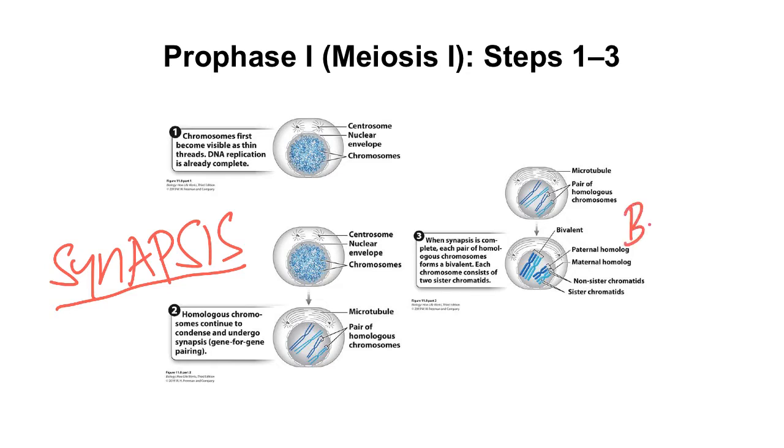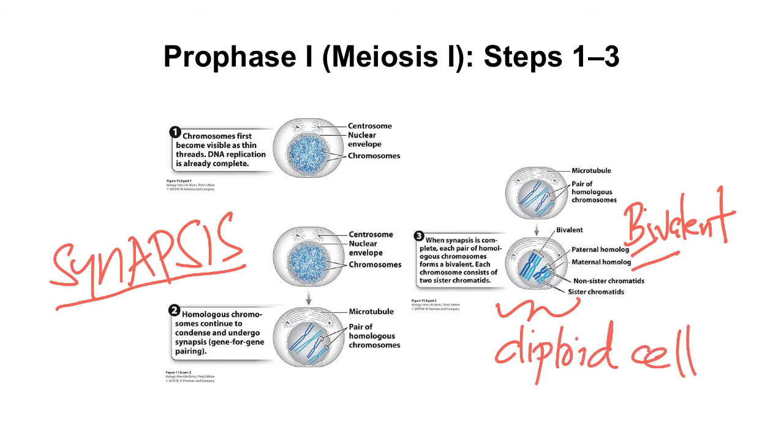It is now important to recognize that after synapsis, bivalent chromosomes are formed, and the bivalent chromosomes are made up of the paternal homologue and the maternal homologue. The reason is that the cells we are dealing with here are diploid cells, which in genetics, as you will encounter in future chapters, is represented by the symbol 2n, where n represents one set of chromosomes.